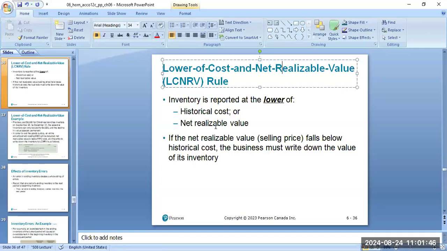The money that you can get from the phone is $500. So applying the conservatism or lower of cost or net realizable value, we have to write down the inventory of the remaining 500 cell phones to $500, or you have to write off $300 per cell phone.